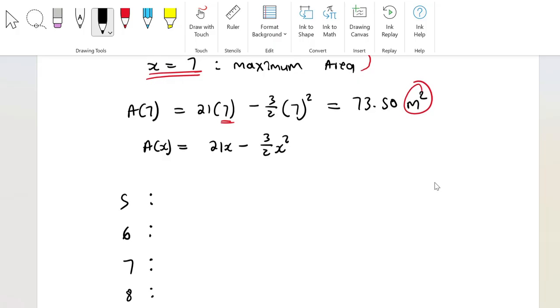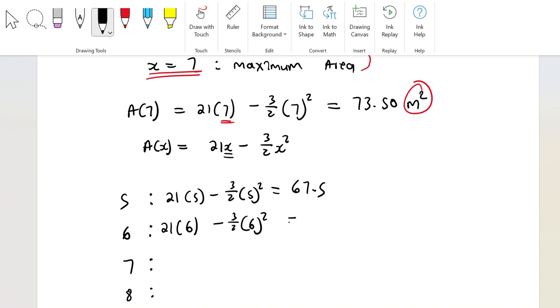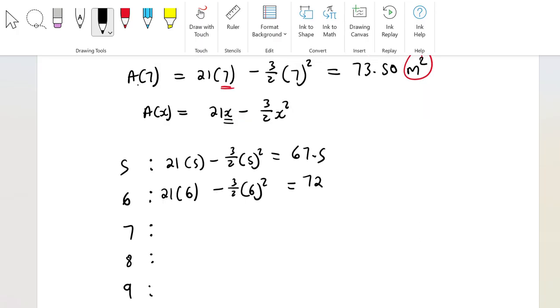Now, if I put 5 in the place of x, I'm going to have 21 times 5 minus 3 over 2 multiplied by 5 squared. If I put that on a calculator, I'm going to end up with 67.5. Well, if I now put 6, let's see what we get. When we put 6, we get 72. Right. When I put 7, I already know what we got there to be 73.5, right?